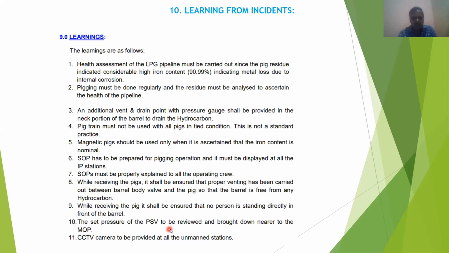The set pressure of PSV to be reviewed and brought down near to the MOP. CCTV cameras to be provided at all the unmanned stations.